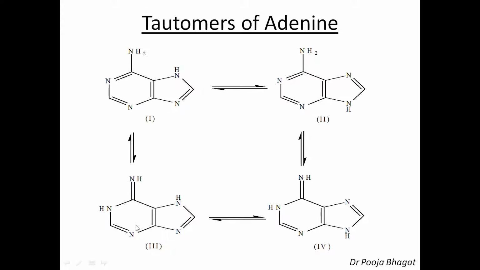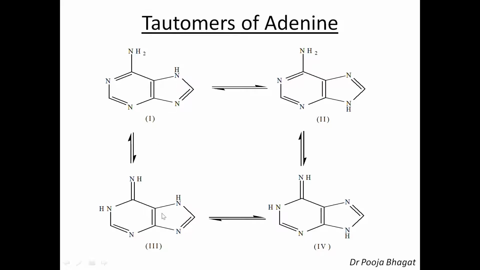So here we have drawn the tautomeric form by putting the hydrogen at the 7th position in the purine. Now take the hydrogen at the 9th position, then one as amine and another as imine. Is it okay? So there are 4 tautomers possible in case of adenine. Recap.